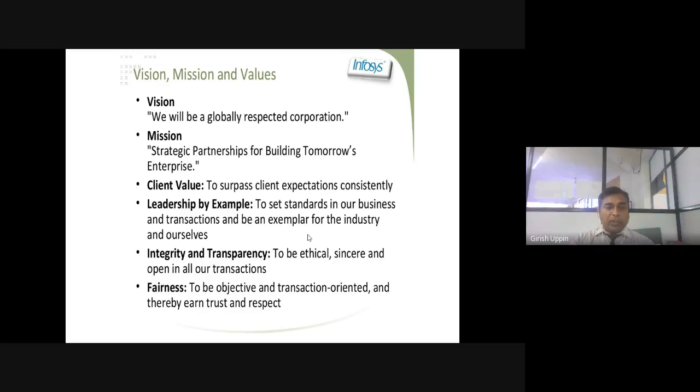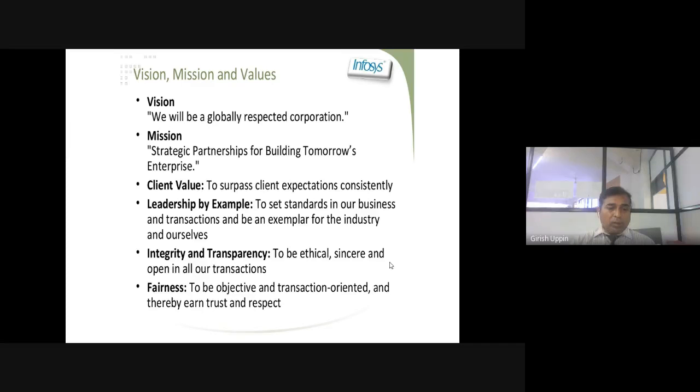Integrity and transparency. This is another key factor, integrity and transparency. Whenever a company is doing business, the integrity and transparency in the organization is very, very crucial for the trust of the employees and the trust of the client.